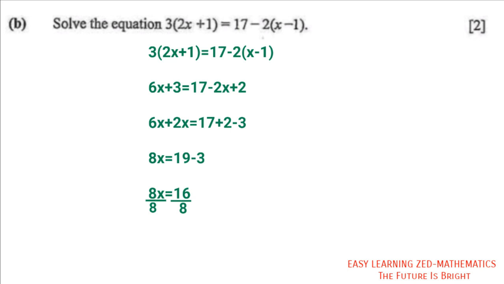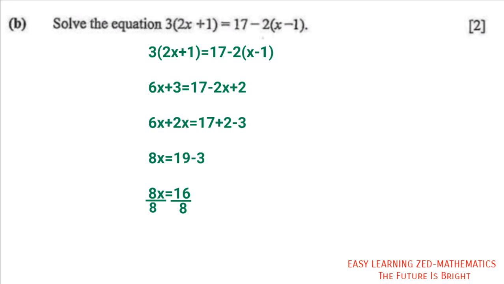Since I've divided 8x by 8, I should also divide 16 by the same number. Never divide a number on the left side by a different number from the right side, like dividing 8x by 2 and 16 by 4. That is wrong.